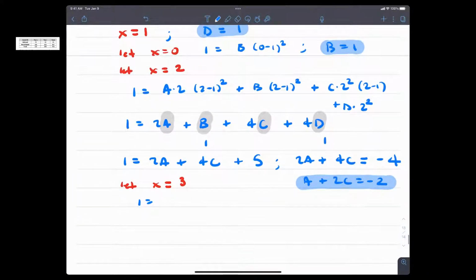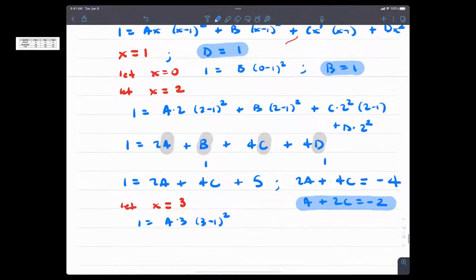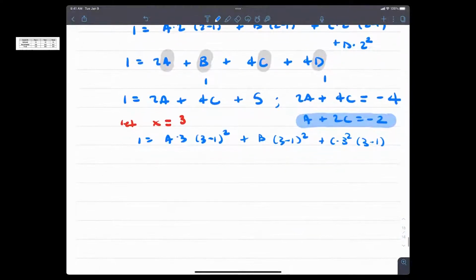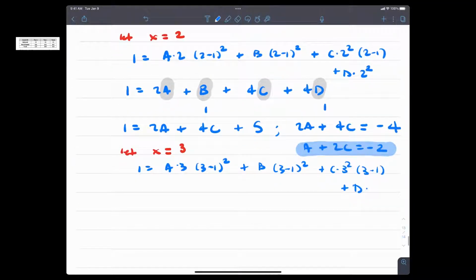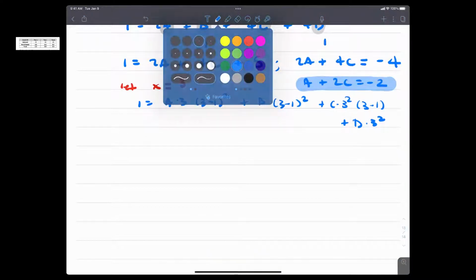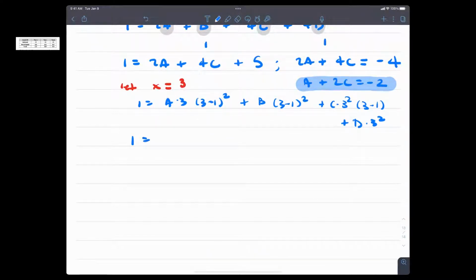A times 3. Let's just be careful. 3 minus 1 squared, right? Plus B times 3 minus 1 squared plus C times 3 squared, 3 minus 1, plus D times 3 squared. Three minus 1 is going to be 2, right?